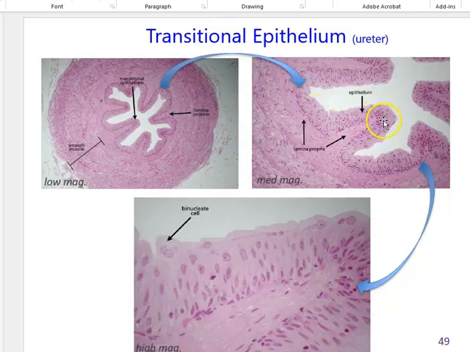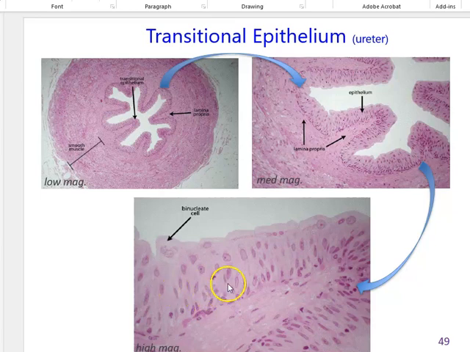This layer has a really strange appearance where at the apical side, the nuclei don't at all match the orientation of the cells that are more basal to them.